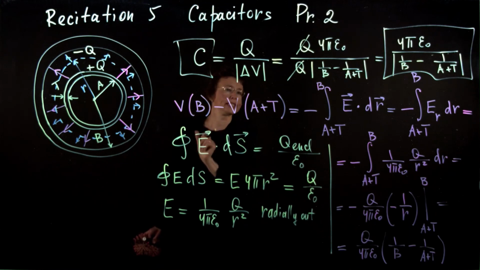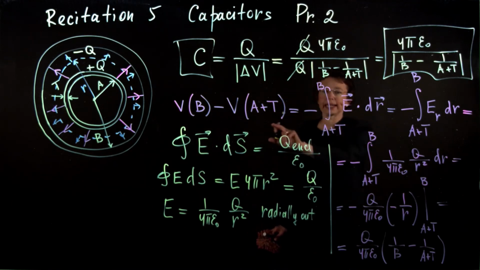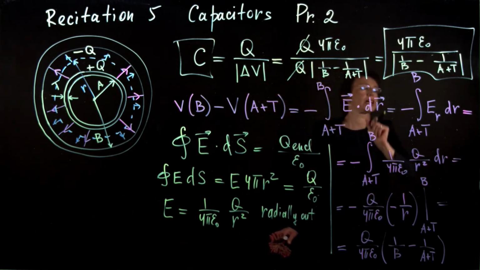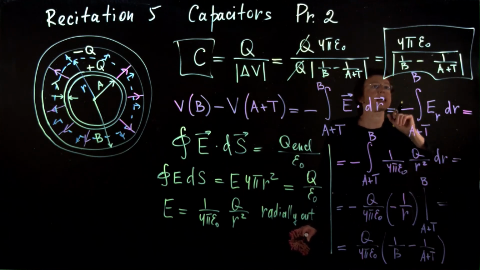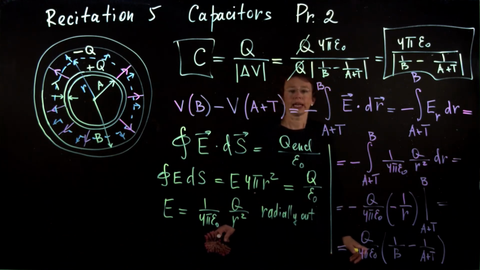Then we found delta V. And then we found the electric field using Gauss's law. We used the electric field that we found from Gauss's law to calculate delta V. And then we brought everything back into our expression for the capacitance. And the capacitance depends just on the geometry. It does not depend on Q, and does not depend on delta V, as expected.